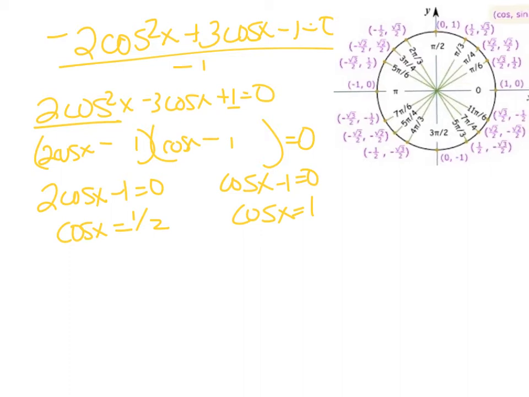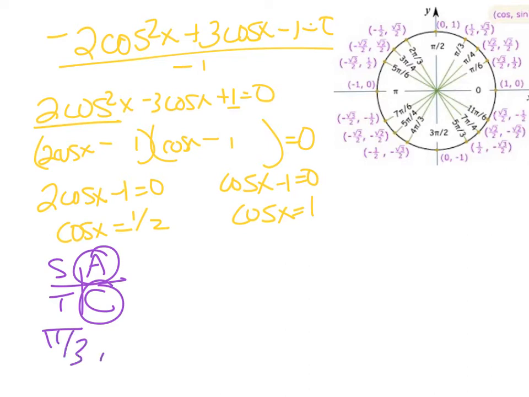My cosine is positive, all students take calculus, in the first and the fourth quadrant. So if I look in the first and the fourth quadrant, cosine is a half at pi over 3 and at 5 pi over 3. Remember, since I'm restricting these to the unit circle, I don't need to add the n pi stuff to the end.